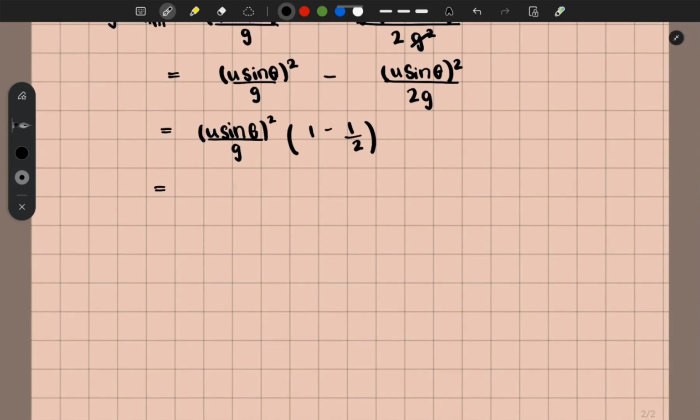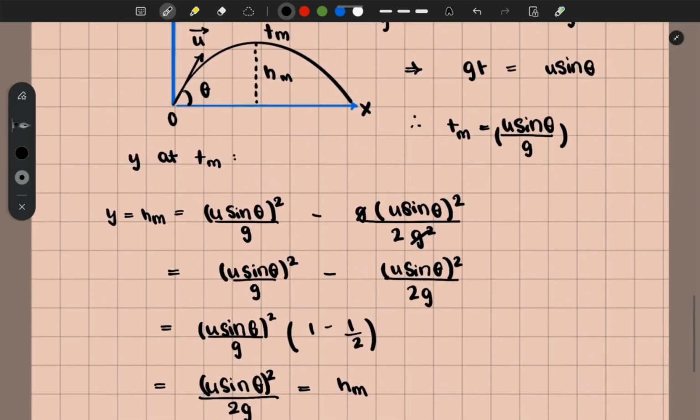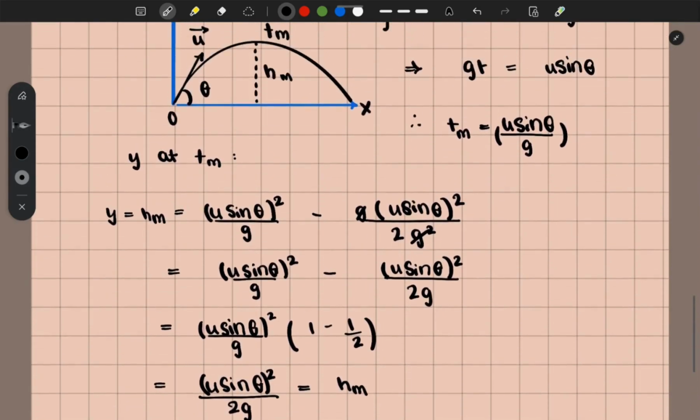Therefore, our final equation comes out to be u sine theta whole square divided by 2g, and that gives us the maximum height that the projectile will reach. So if the projectile is thrown at this speed and this angle, it will reach this height at maximum.